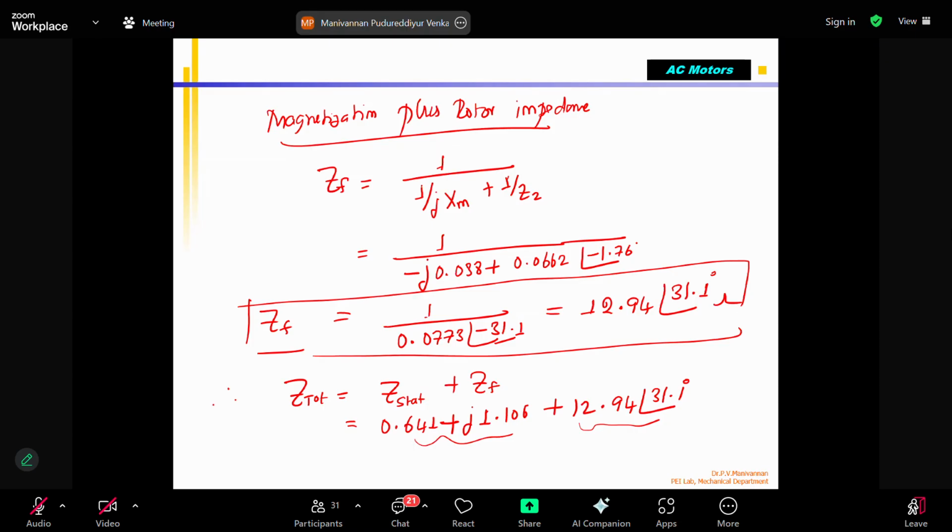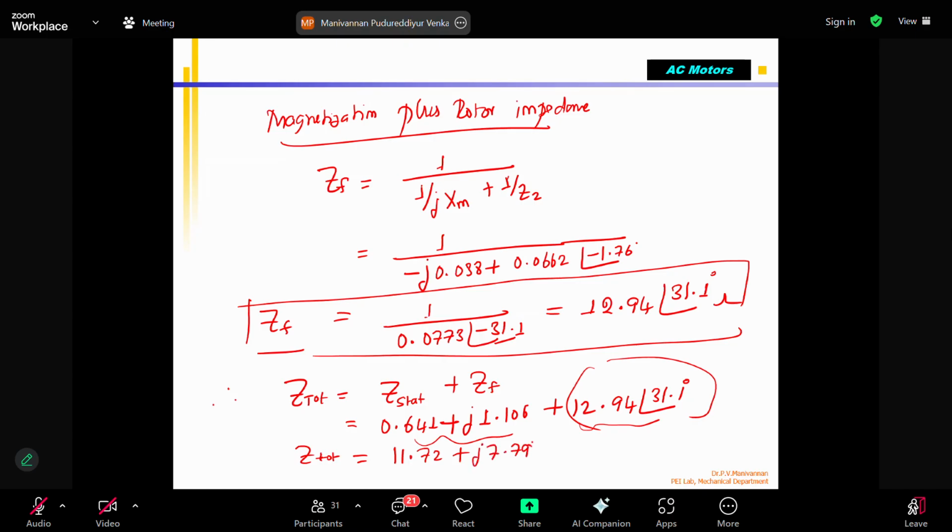If you do that, finally you will get Z total as a complex quantity. The polar part can be converted into complex quantity, and the real parts are added and the imaginary parts are added. Finally you will get 11.72 plus j7.79.